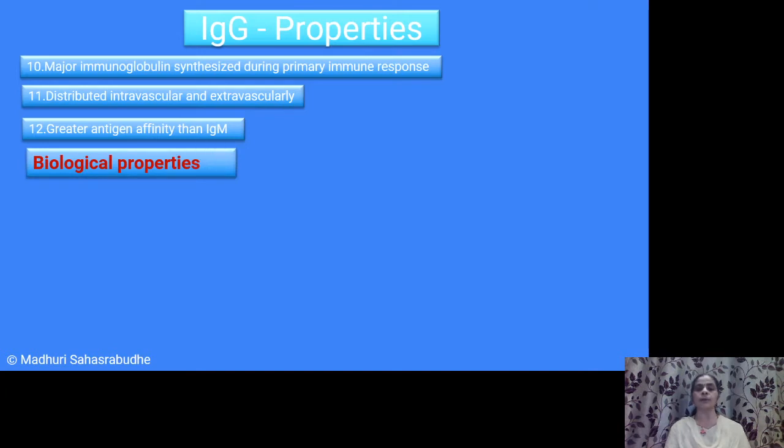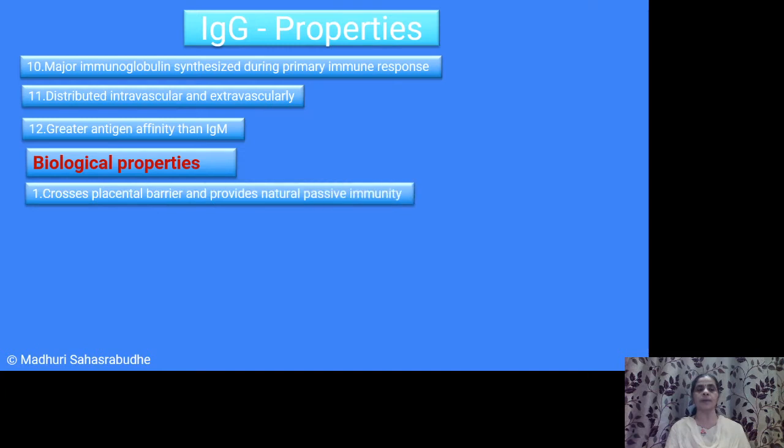Coming to the most important part, the biological properties. A very, very important property of IgG to note is it crosses the placental barrier and provides natural passive immunity. What do you mean by this? When the baby is in the womb of the mother, the baby gets the entire nourishment from the mother.